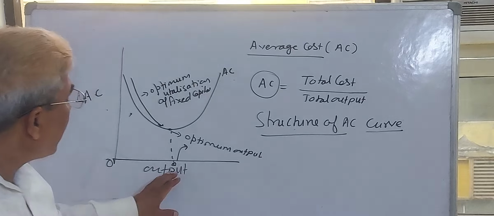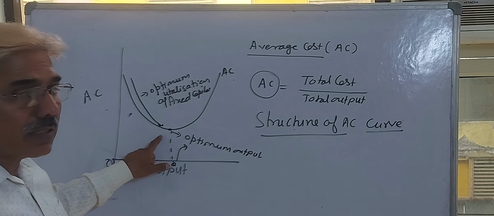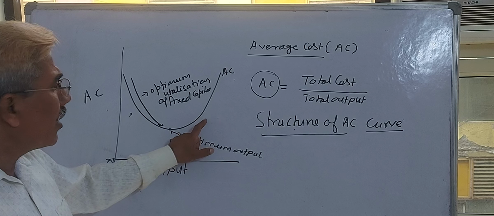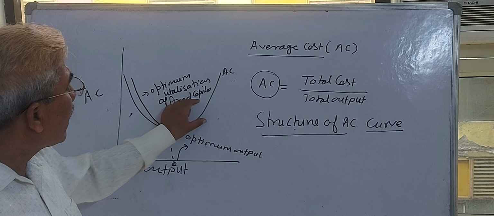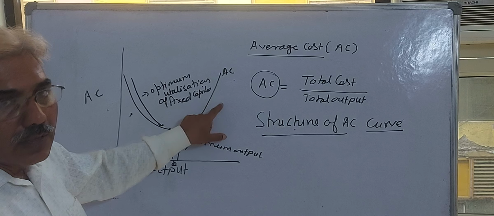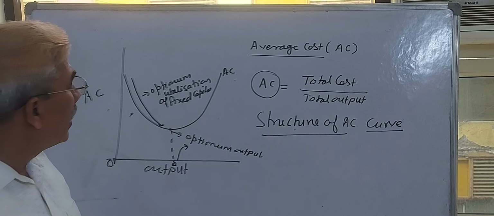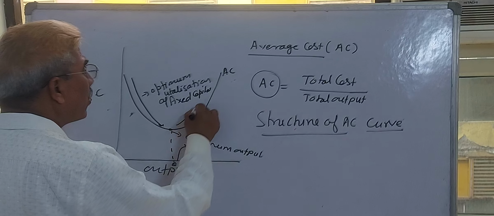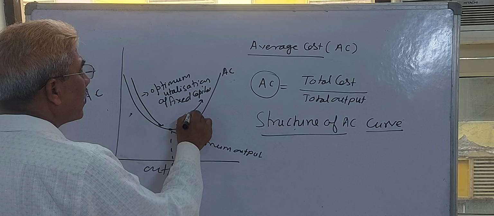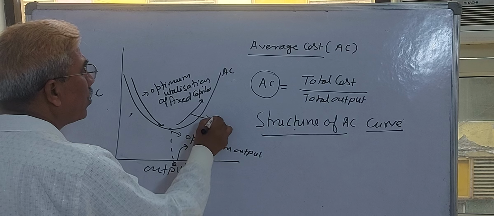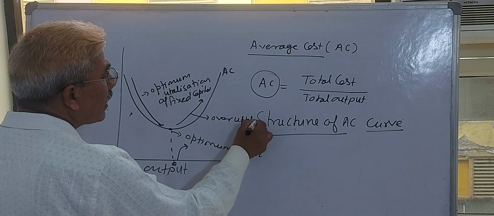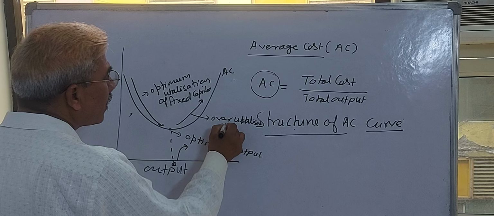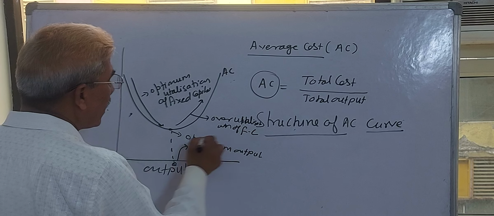But as we increase output further beyond this point, what happens in the economy? The quantity of capital is less, but the quantity of labor and other variable factors is more. That is why cost begins to increase. This is because of overutilization of fixed capital.